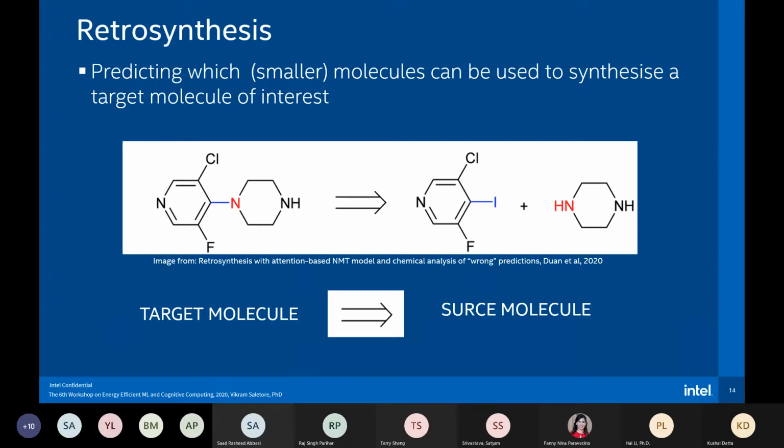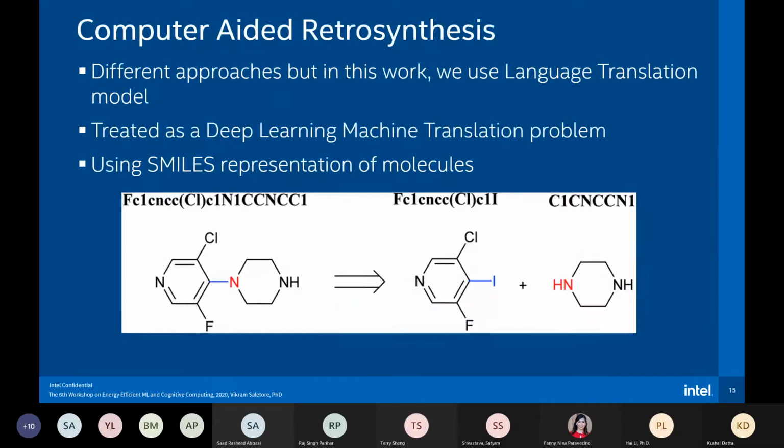So what earlier research has been done is actually looked at attention models, or the language translation model in this case, and there's a SMILES representation of these molecules, and there's a 50,000 data set available from the US Patent Office on these.